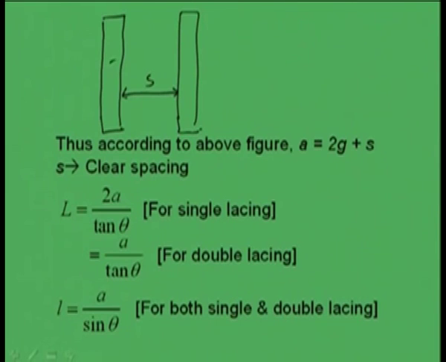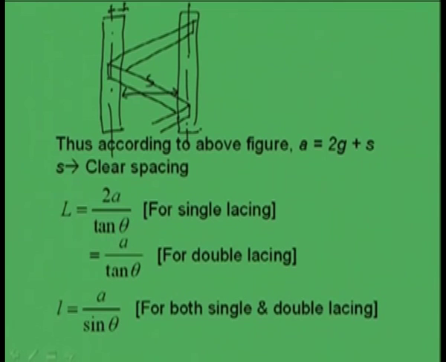Now, if lacing is given like this, then the member has some gauge distance, and this gauge distance can be found from the handbook SP6.